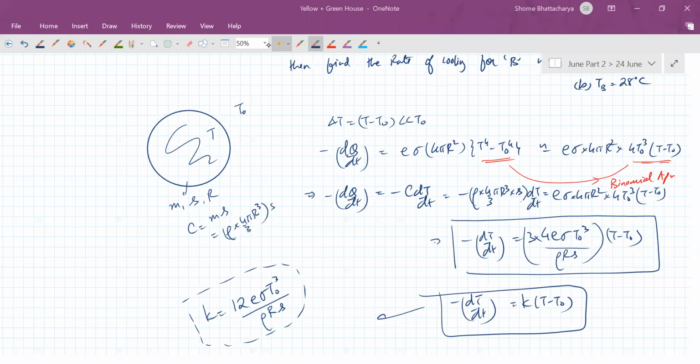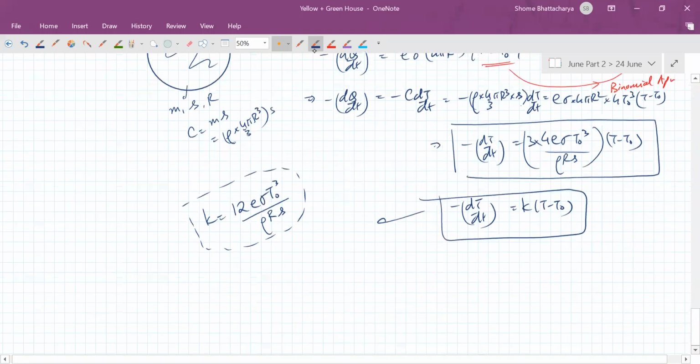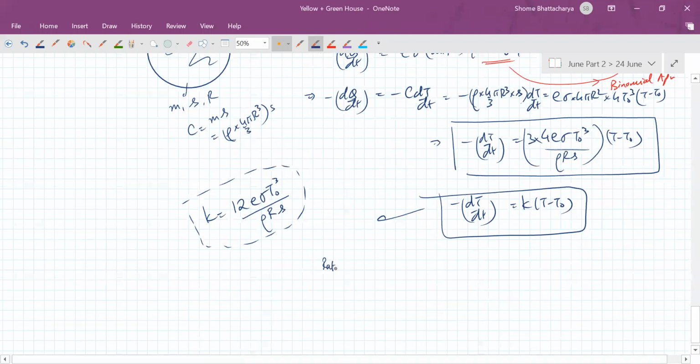Okay, so let's compare the two quantities here. If you talk about the rate of cooling for sphere A with respect to the rate of cooling for sphere B, this is going to be the ratio of the emissivities into inverse of the ratio of the densities into inverse of the ratio of the radii into inverse of the ratio of specific heat capacities into, in general, the temperature term also.